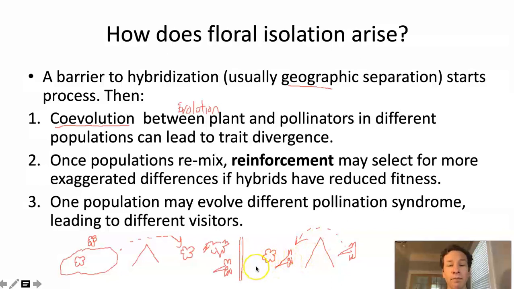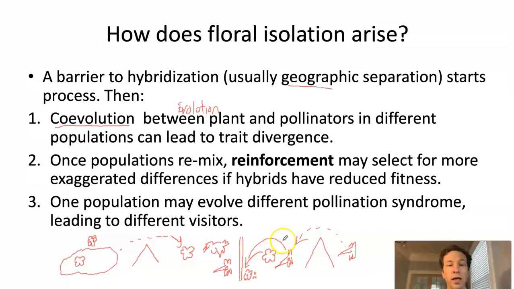What that means is that when they get back together, if they ever do form hybrids, so I'll just draw a hybrid forming between them, then either because of the floral traits or because of those other traits that they've accumulated, the hybrid now has low fitness. Draw a frown face. That means each time they use their pollen or use their ovules to make a hybrid, they're kind of wasting it because they're making a plant that's not going to have high fitness and not going to leave behind many offspring.